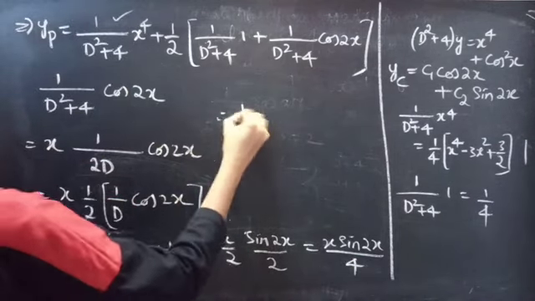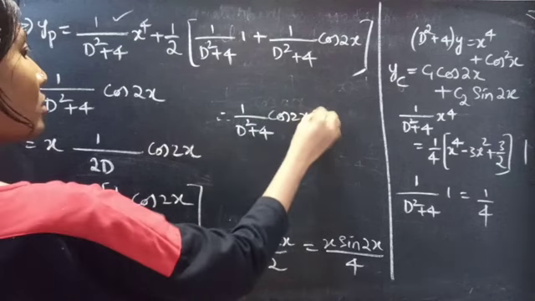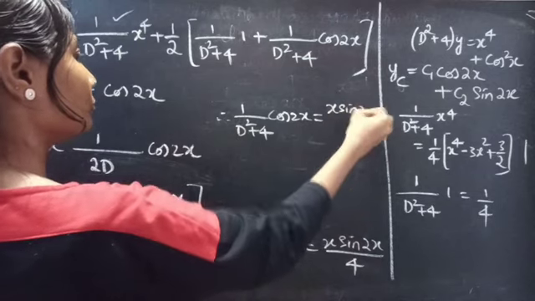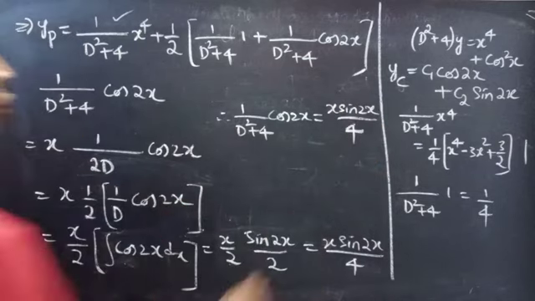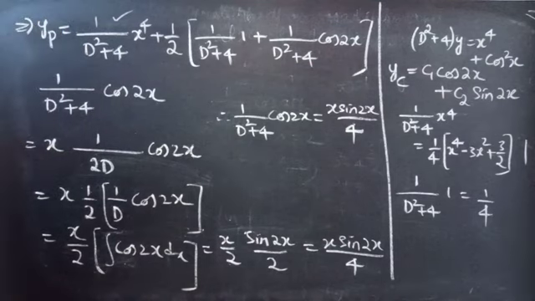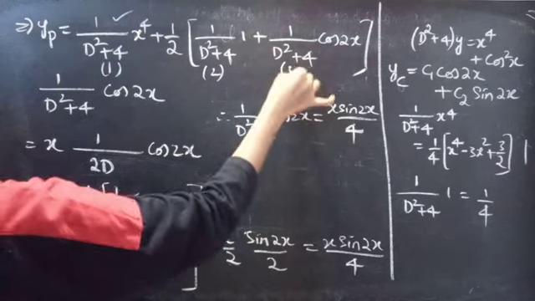Therefore, 1 by f of D into cos 2x is x sine 2x by 4. So we got the values of 1, 2 and 3. Okay, let's name them as 1, 2 and 3.